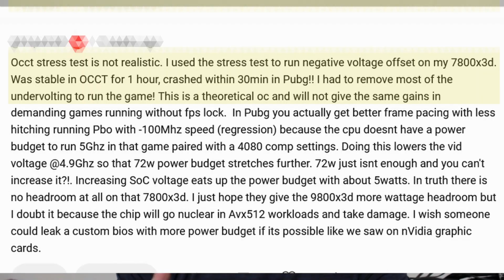I want to emphasize something specifically about stress testing for Curve Optimizer, because I often see comments on my videos of people saying, "I thought my Curve Optimizer was stable, but then I played some games and now it wasn't stable." It's a very common mistake to exclusively rely on all-core heavy stress tests like OCCT or Prime95 to test your Curve Optimizer setting, because those applications only test very specific parts of your VF curve.